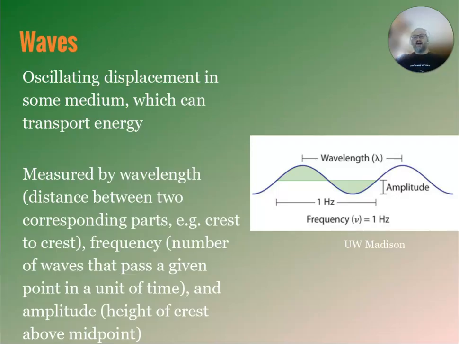So that is the height of the wave. So we measure that from the midpoint of the wave. And so the height of the crest or the depth of the trough is the amplitude. So is the wave making really big deviations from that midpoint, or is it making very small deviations from the midpoint? That is the amplitude of your wave. So we can measure wavelength, frequency, and amplitude to describe a wave. How is it moving?